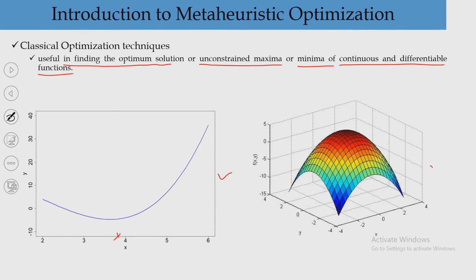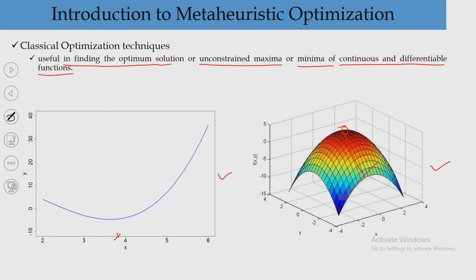Similarly, if I take this two variable function, this is also a convex function. So, you apply any method like Newton's method, the univariate method, the conjugate direction method, or the steepest descent method; you search from any point and finally you will get the optimal solution of this particular problem.